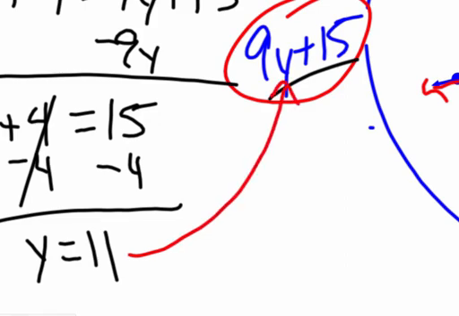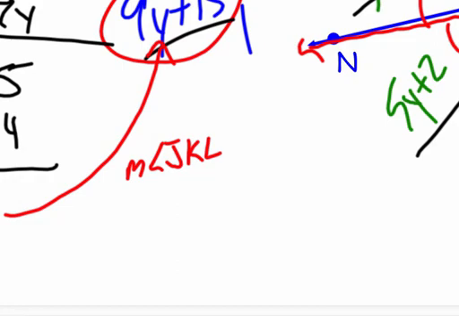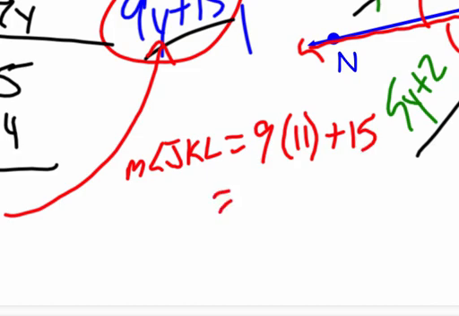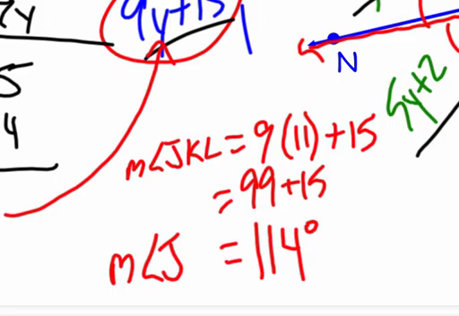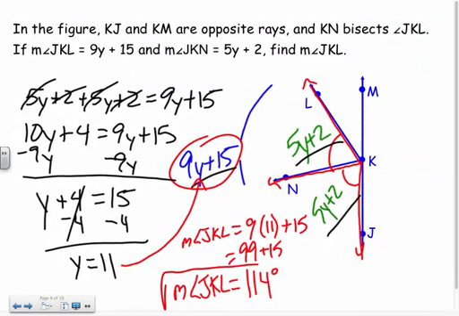So the measure of JKL equals 9y, and y was 11, plus 15. 9 times 11 is 99, and 99 plus 15 gives me 114 degrees. Don't forget that label. So the measure of angle JKL equals 114 degrees. It's just using the information you're given to set up an algebraic equation to solve.